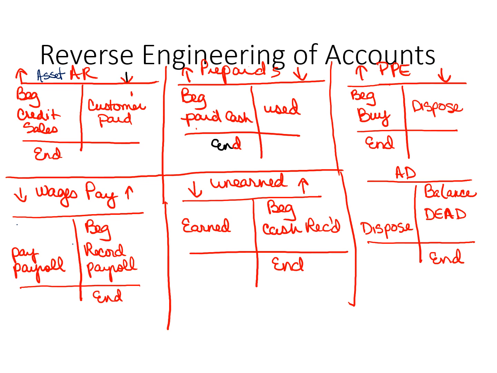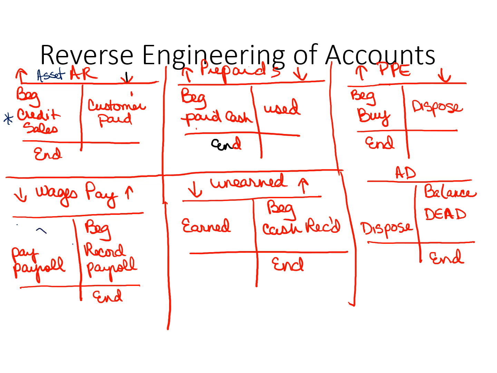And if you do enough journal entries, you'll start noticing that the debits to accounts receivable generally have to do with making sales on account or credit sales, where you're debiting accounts receivable and crediting sales or a revenue account.